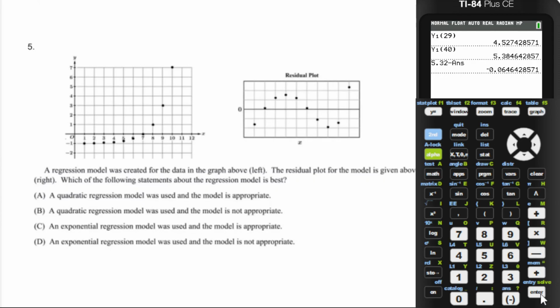So a regression model was created for the data in the graph at left. Then the residual plot is given at right. Which of the following statements about the regression model is best? I don't like the look of it because we've got a clear up down up pattern in the residuals.